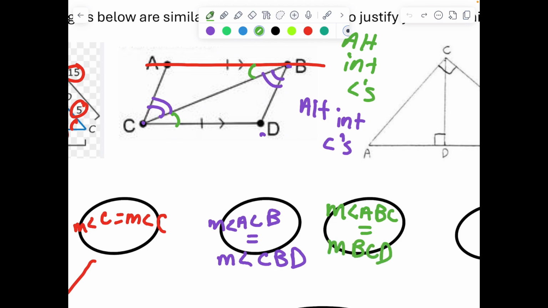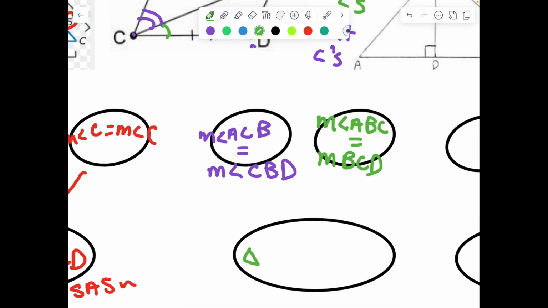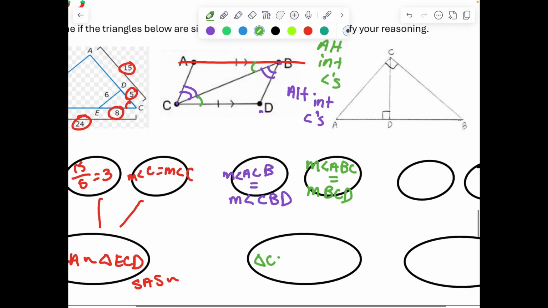That's this one. So then triangle CAB is similar to triangle, let's see, that would be BDC.